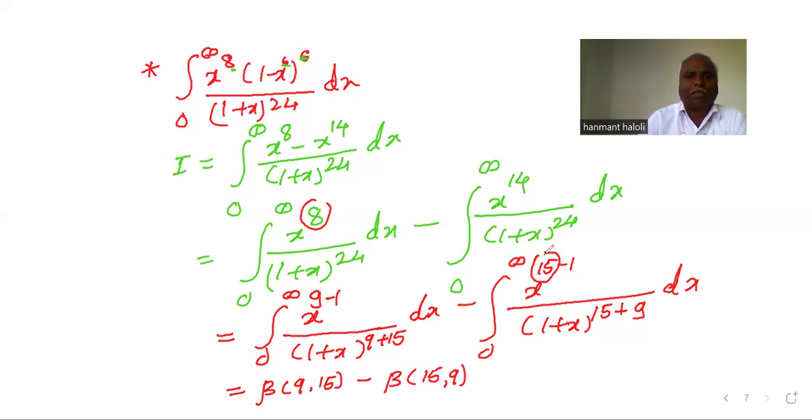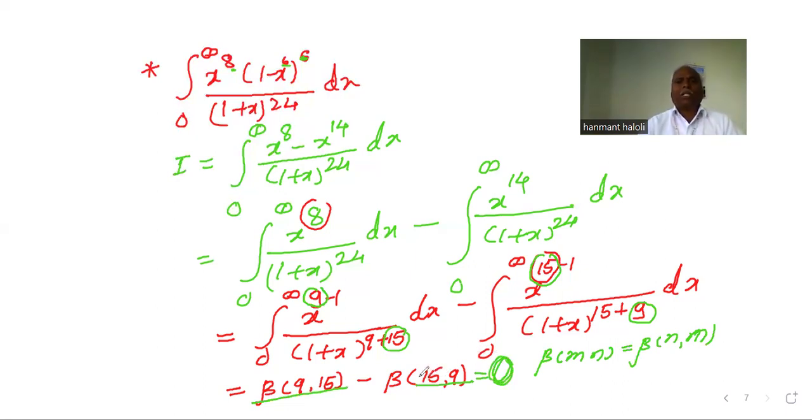Here m is 15 and n is 9, and in the other m is 9 and n is 15. Now we also have one property, beta m n is the same as beta n m. Therefore both are the same, and these two, 9 15 and 15 9, are the same. Therefore the answer will be 0. This is the simplest and an important example.